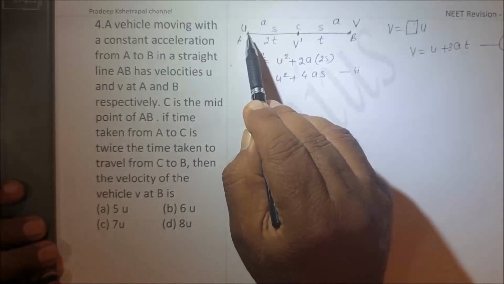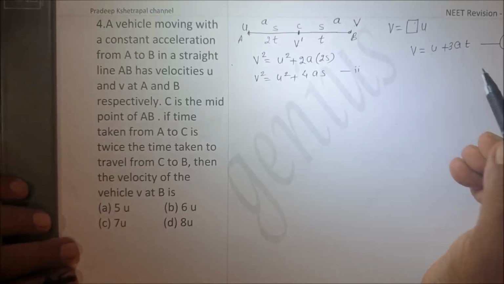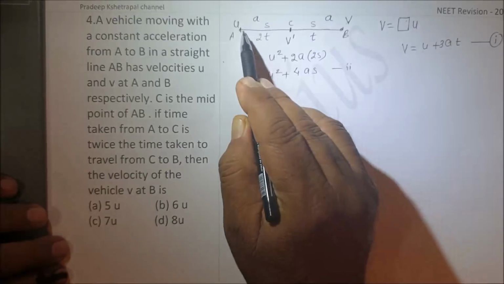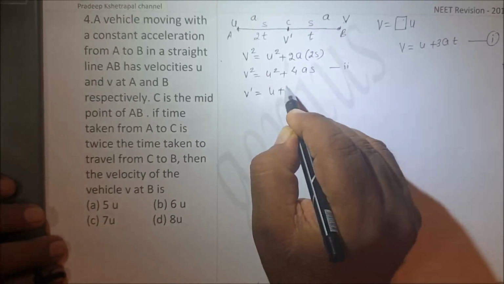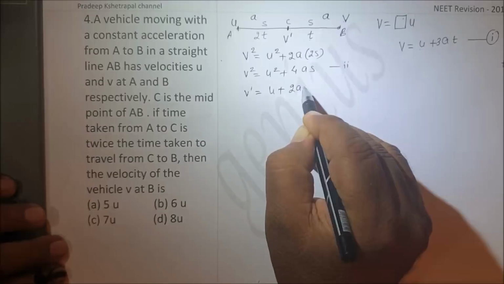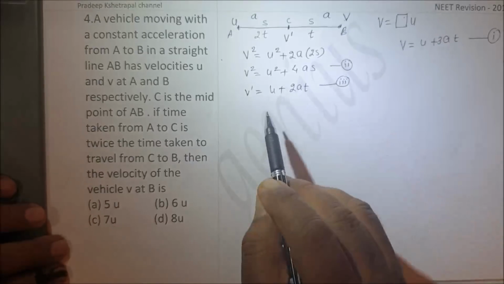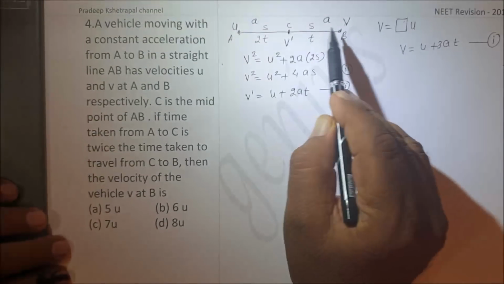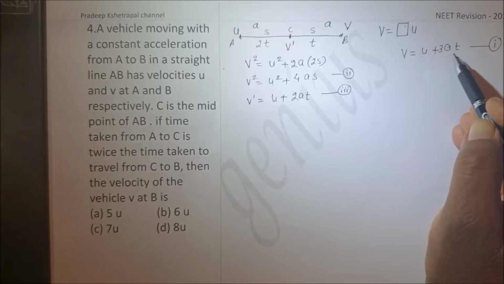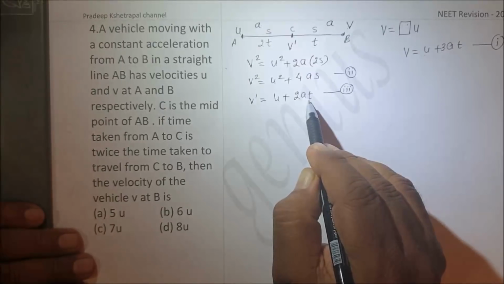Then if we go from A to C, here we get v dash, so v dash is equal to u plus a into time 2t, that is 2at. This is another equation we have. If we go from this place to this place, we have v is equal to v dash plus 3at... that is, v dash is equal to u plus 2at.